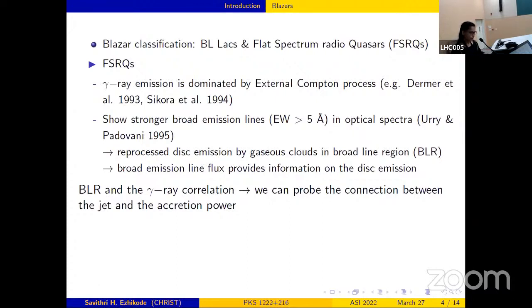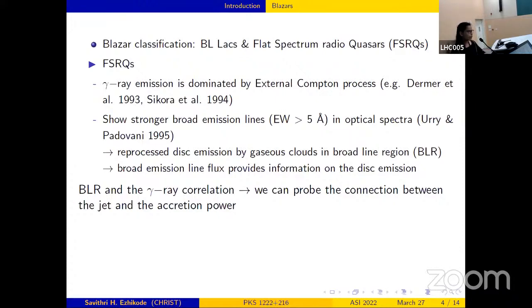Based on the optical spectrum, they show different features. BL Lacs usually show a featureless optical continuum, whereas FSRQs show very strong broad emission lines in the optical spectrum.